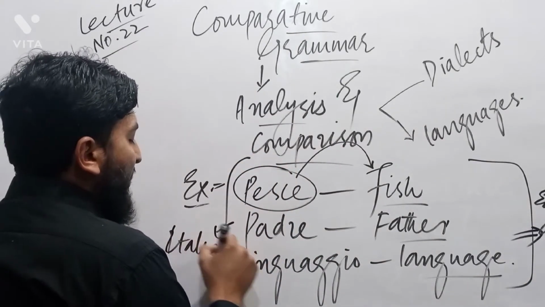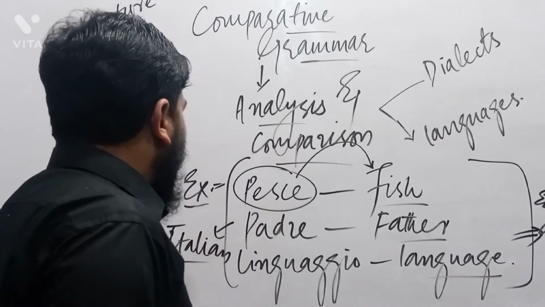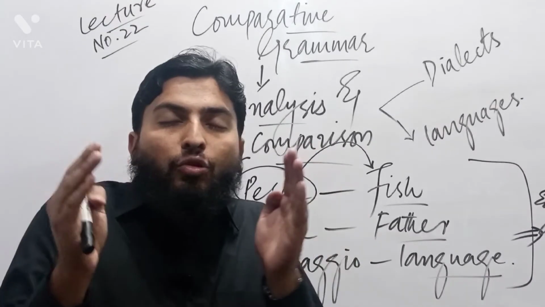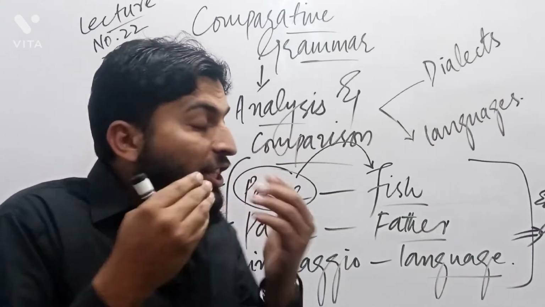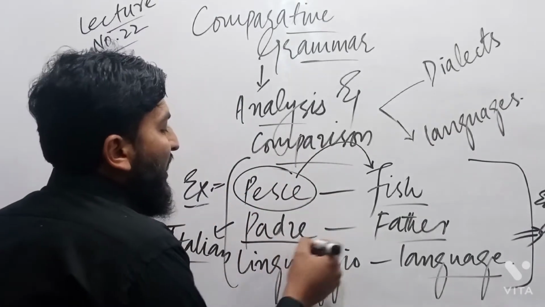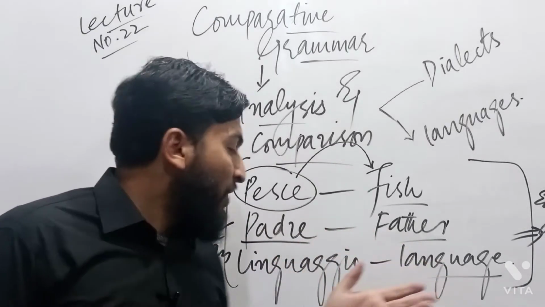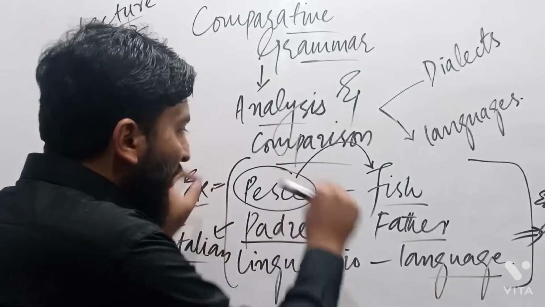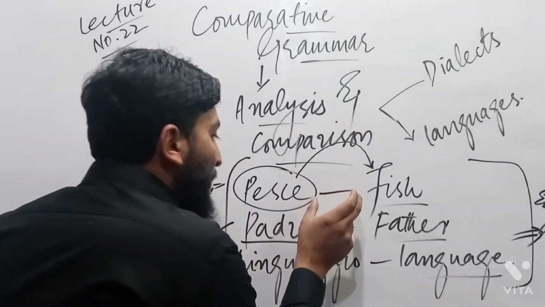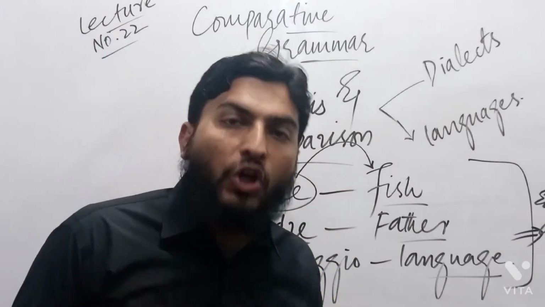The English variety and the Italian dialect are different, yet they look similar to us. Therefore we say P-A-D-R-E, father here, and here is father, while here is linguaggio, here is language. The comparison of these different words is also called analogy.